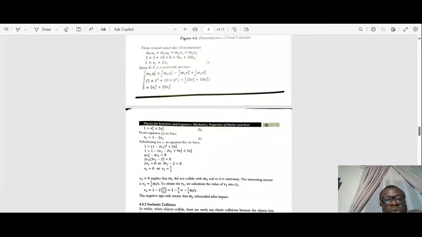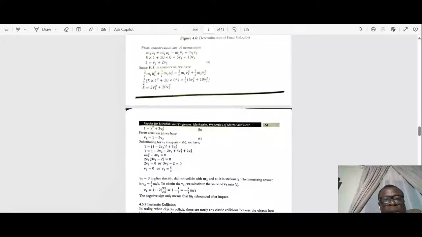So from here, we can say that 2v2 is equal to 0, or 3v2 minus 2 is equal to 0. So by the time you make v2 the subject, remember if you take this 2 to the other side, it becomes plus, and divide both sides by 3, you now have v2 equal to 2 over 3.